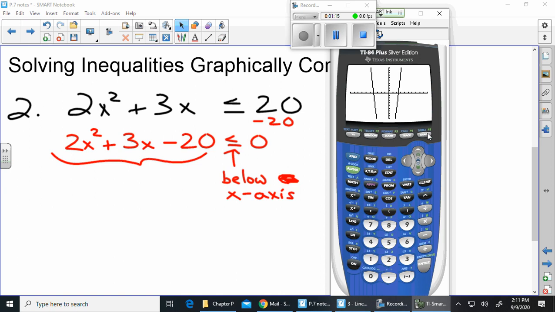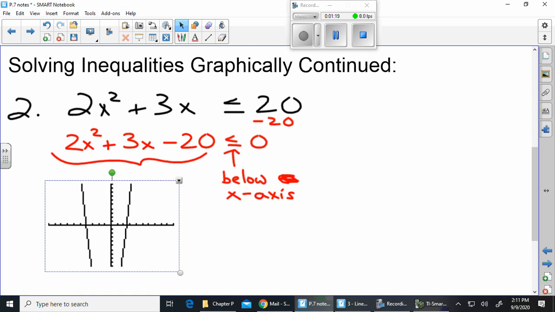So I look at that picture and I think, when is it below the x-axis? Well, I know that it's a parabola, so I know from there to there, which is one connected part. One connected part means one interval.